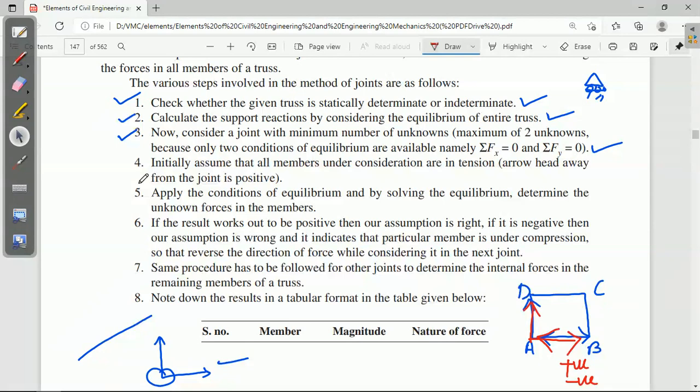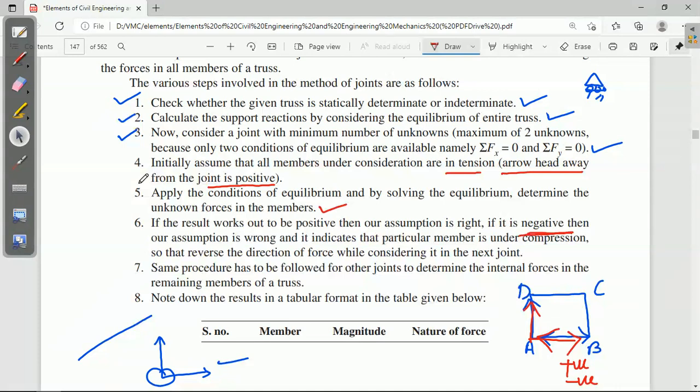But initially we need to assume all the forces are tension, that is, the arrowhead is away from the joint, that is positive. Apply the equilibrium condition and find out the unknown. Whatever value is negative, our assumption is wrong and the direction is compression, opposite to the assumed direction.